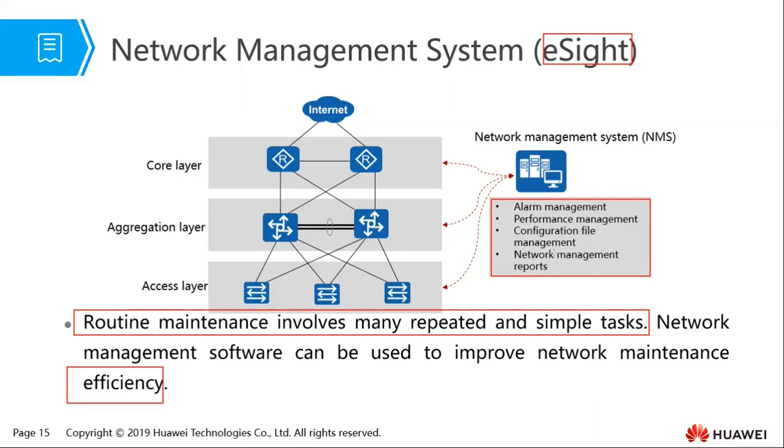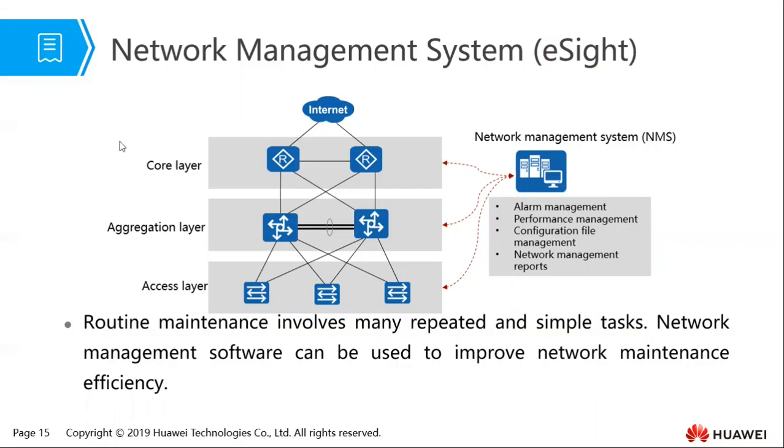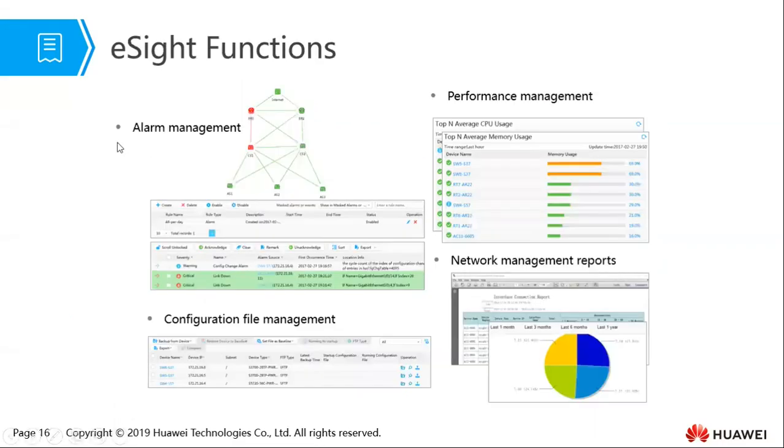So generally, if you want to simplify your network maintenance and improve its efficiency, then you need to implement a network management system. Again, some of the functions of eSight, for example, alarm management: if a link goes down, you're able to get an alert immediately and work on it as soon as possible.